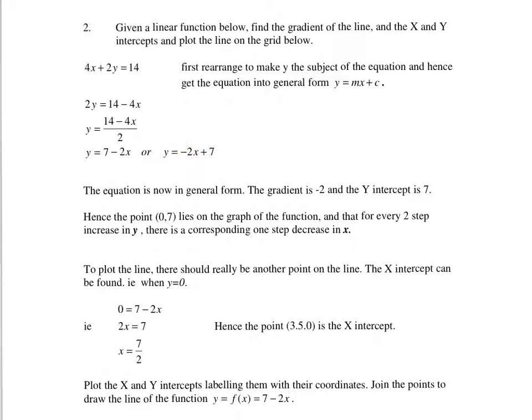So that means for every 1 step increase in x, there's a 2-step decrease in y. The y-intercept is 7, so hence the point 0, 7, that is, when x is equal to 0, y is equal to 7, lies on the graph, and it is the y-intercept.